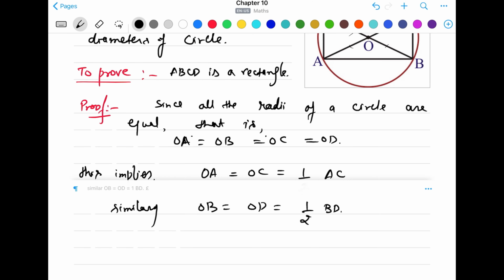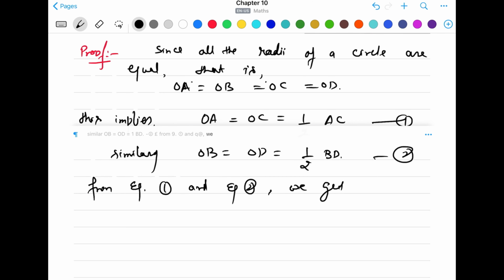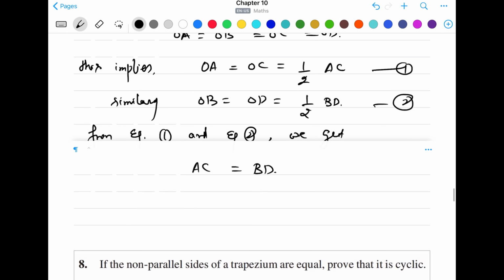Let's name these equation 1 and equation 2. So we can say from equations 1 and 2 we get the diagonal AC is equal to BD, hence ABCD is a rectangle.